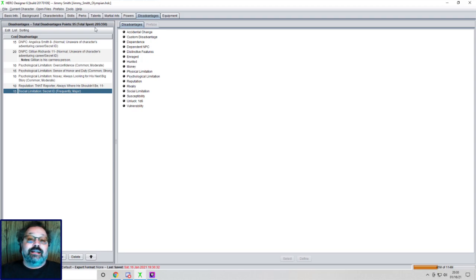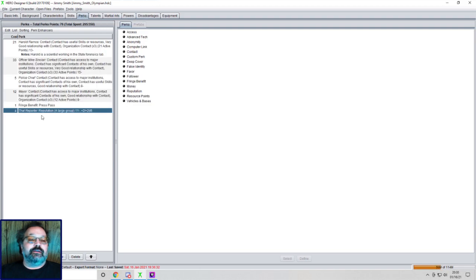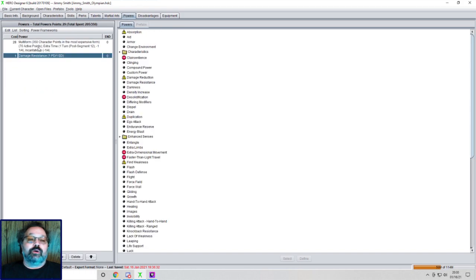And so I had to use that many, but I also needed some disadvantages on him to flesh him out as a character. So he's built on 295 points. A lot of it went into these contacts and the power of multiform. And so now we're ready to progress with this character into making the other form, the Olympian.